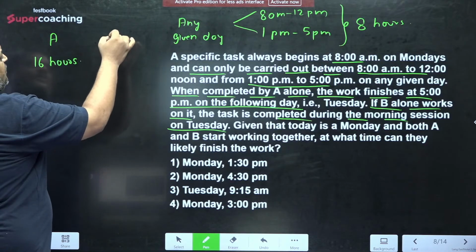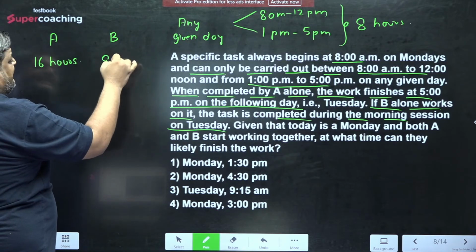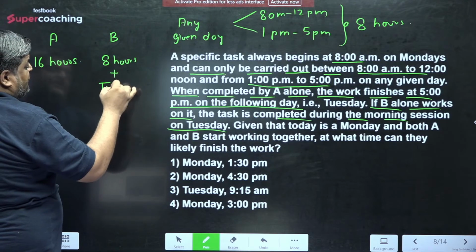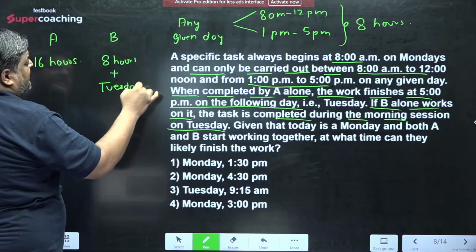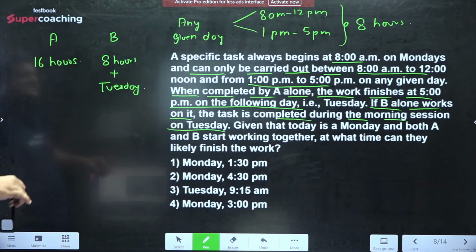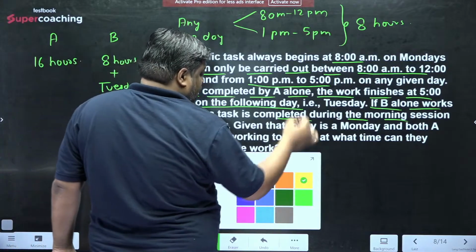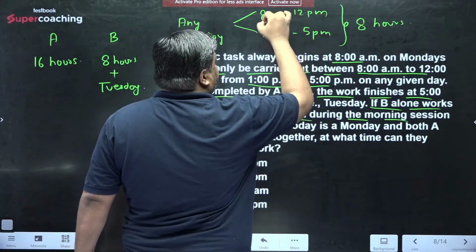B is working on Monday for entire 8 hours. Plus Tuesday को, the work that is doing on Tuesday. And Tuesday को he finishes the work in the morning shift only.